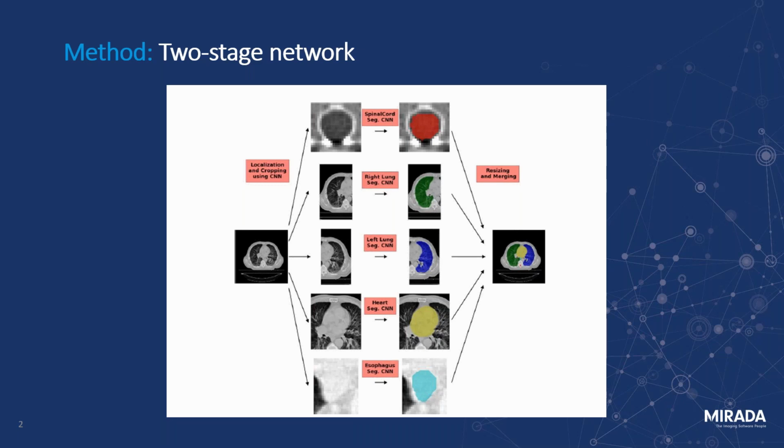The output of these 5 different networks is then fused together and resampled to the original CT resolution to output the final segmentation. One of the things I liked about this paper is the fairly detailed analysis of different aspects of the network.